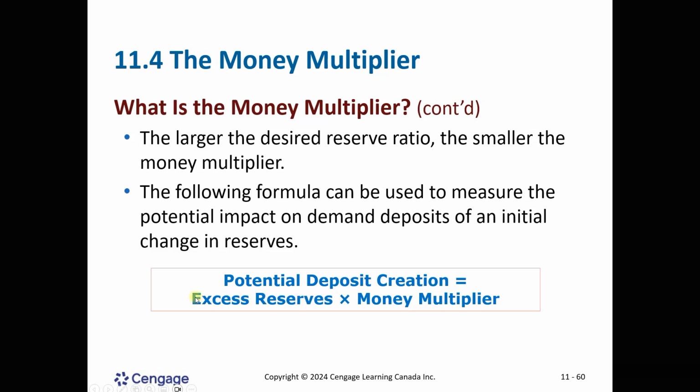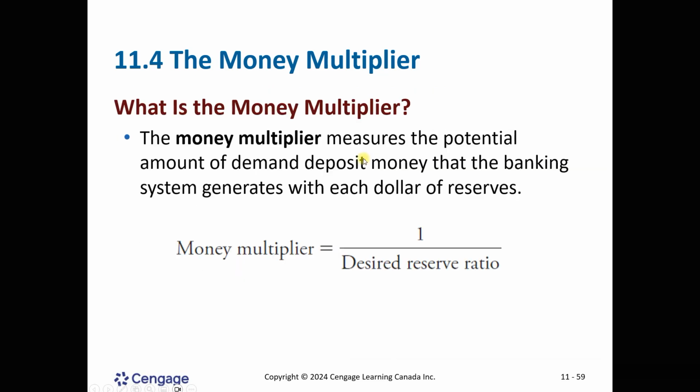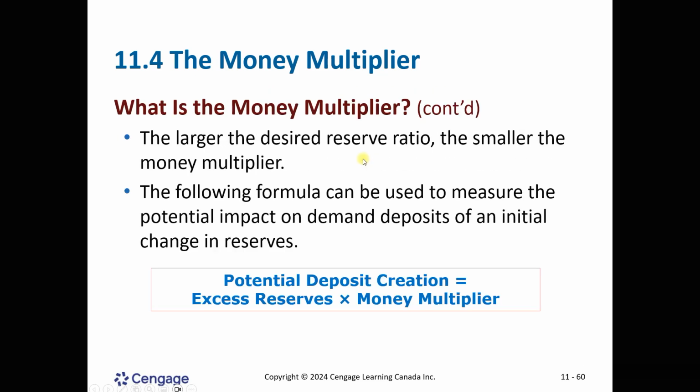If the excess reserve is 90,000, you deposited 100, and the desired reserve is 10,000, it means we will be multiplying the 90,000, which is the excess reserve, by the money multiplier. It will be 90 multiplied by 1/10 to give you the potential deposit creation.